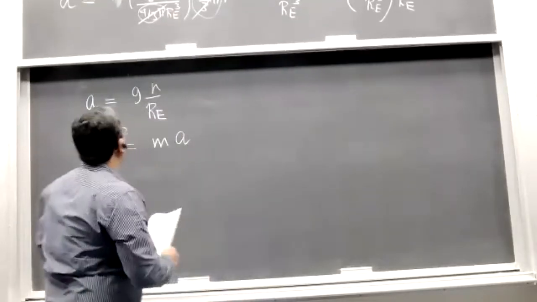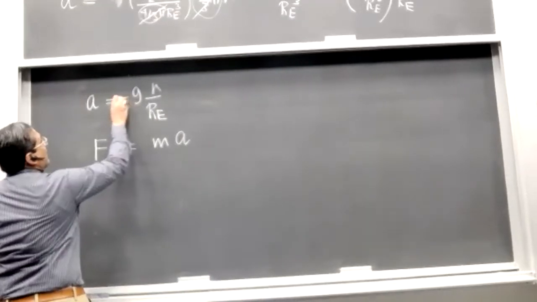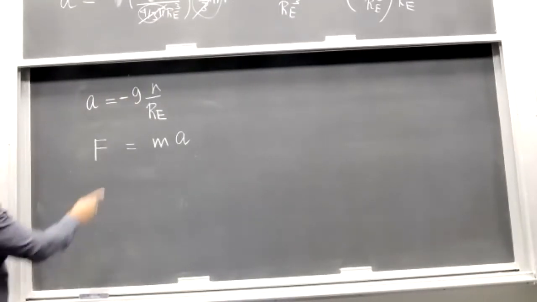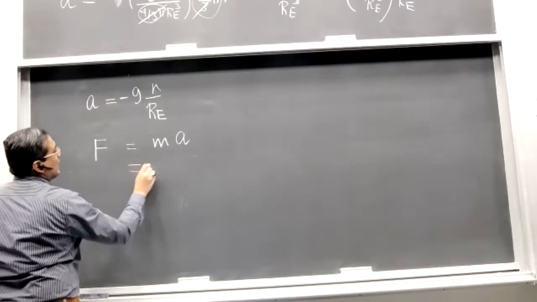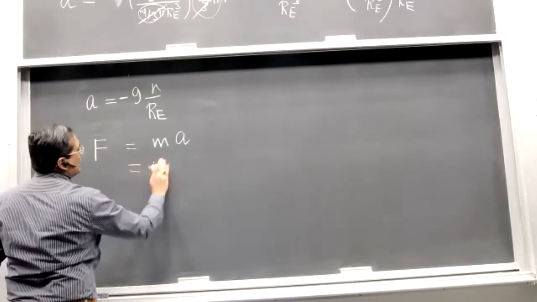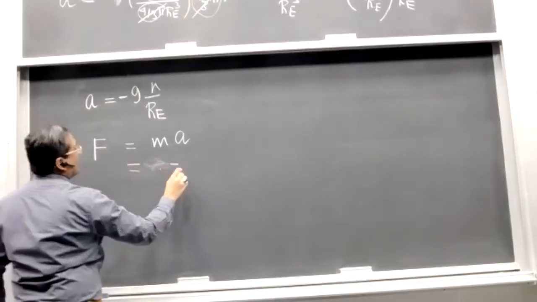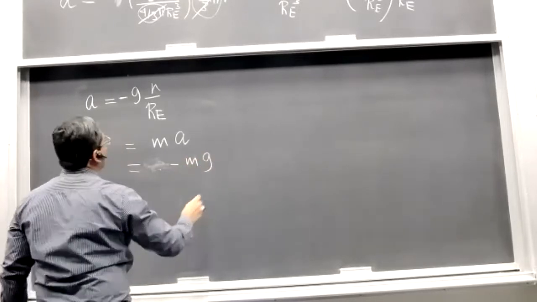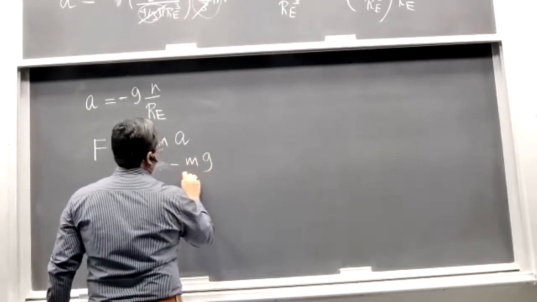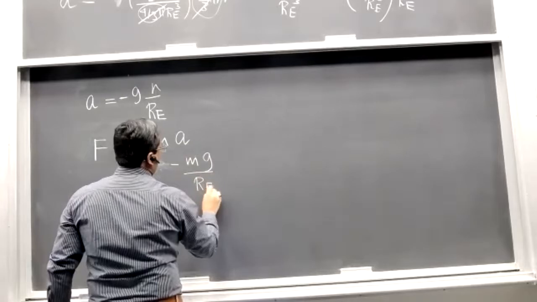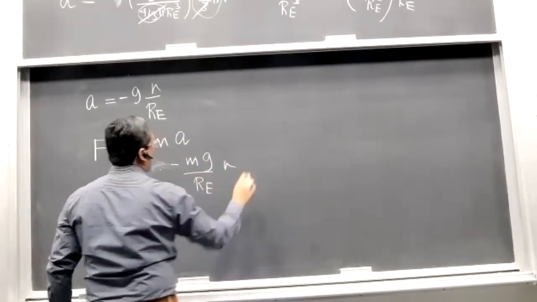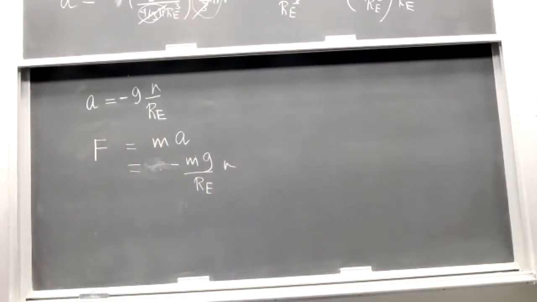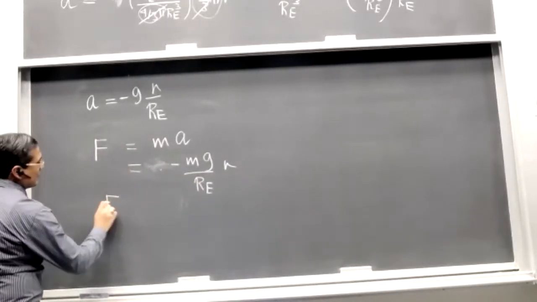So that means this acceleration is negative. Okay. Now F is equal to ma, and a I know is minus mg over R_E into R. Okay. Now look at this.